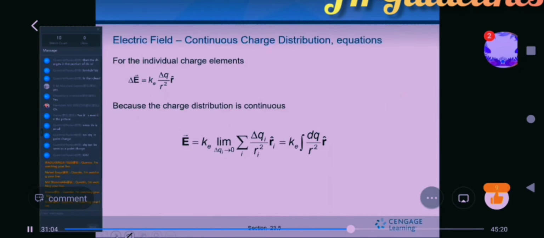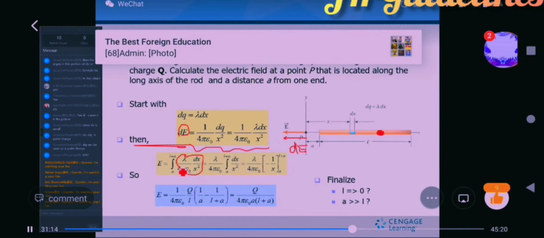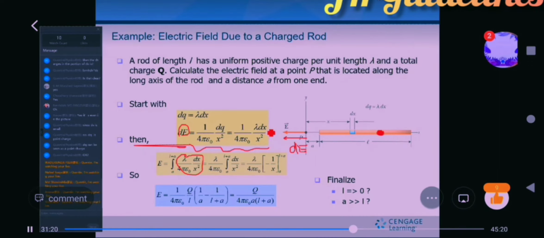So we need to do an integration on this dE. Since this is related to x, different portions have only one thing different.